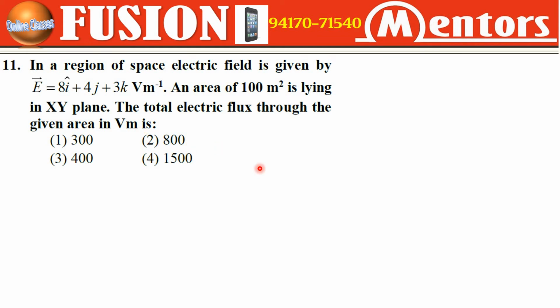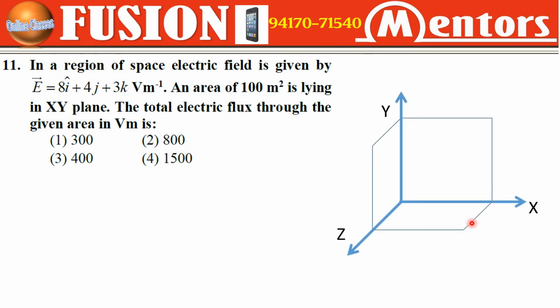So let me explain through the same figure again. XYZ axis. Area of 100 meters square is lying in the XY plane. So this is your XY plane. So we have an area of 100 meters square, already in SI units. The area vector would point perpendicularly this way.